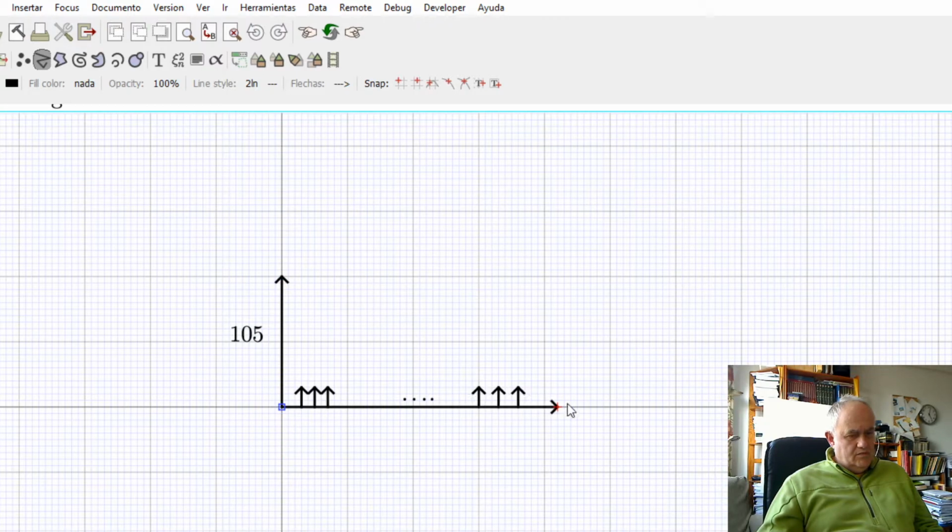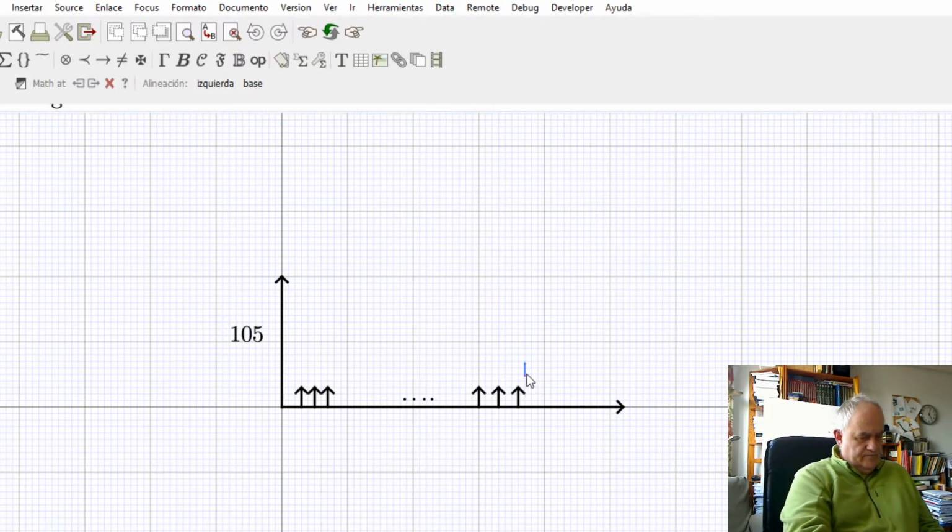This is the temporal axis, and this is 5.